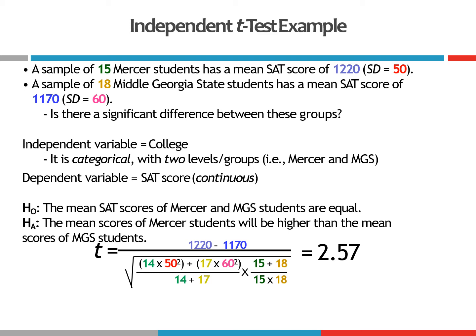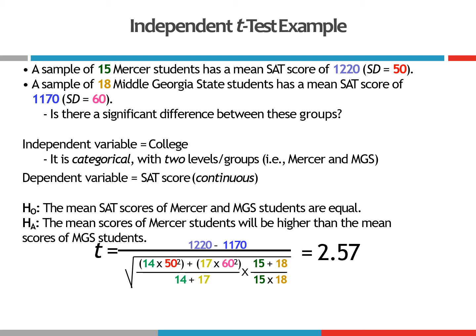So again, our null hypothesis is going to be no difference, no group difference. So the mean SAT scores of Mercer students are equal to the mean SAT scores of MGS students. The mean SAT scores of Mercer and MGS students are equal or they are not different from each other.